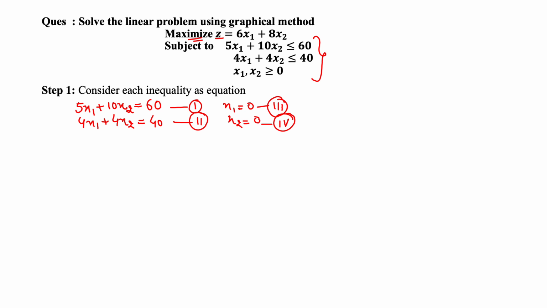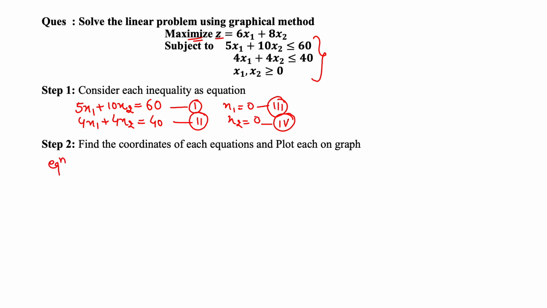Next step is to find the coordinates of each equation and plot each on the graph. First I will find the coordinates for equation 1, which is 5x1 plus 10x2 equals 60. Put x1 equals 0, then you get x2 equals 6.